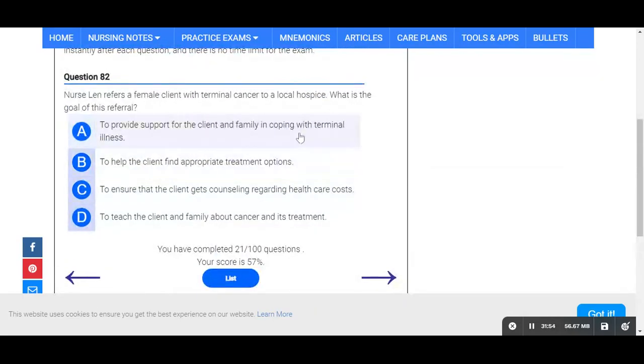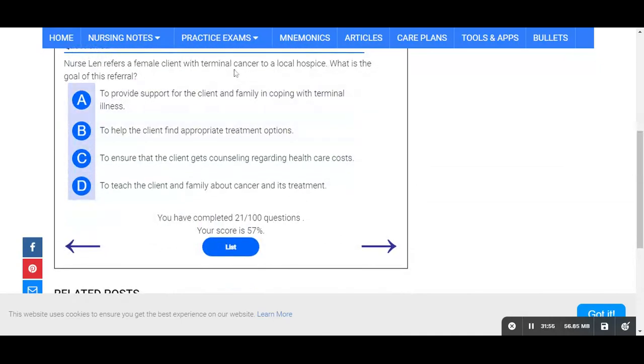Another one. Nurse Len refers to a female client with terminal cancer to a local hospice. What is the goal of this referral? To provide support for the client and family coping with terminal illness, to help client find appropriate terminal treatment options, to ensure the client gets counseling regarding healthcare cost, to teach the client and family about cancer and its treatment. Take note, we're talking about terminal cancer, so we need support for the client and family in coping with the terminal illness.